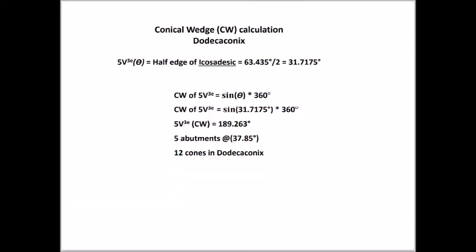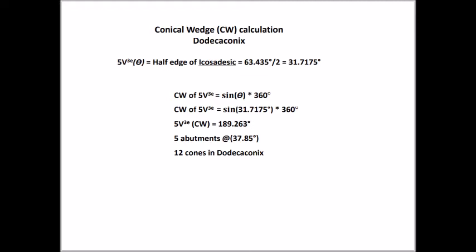Now we will calculate the conical wedge CW of the dodecaconix, where its subtended angle is 1/2 of the edge arc of the icosahedesic that I have pulled from an earlier calculation, and that results in an angle of 31.7175 degrees.